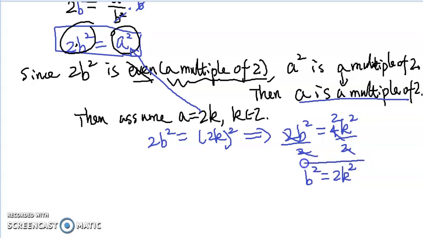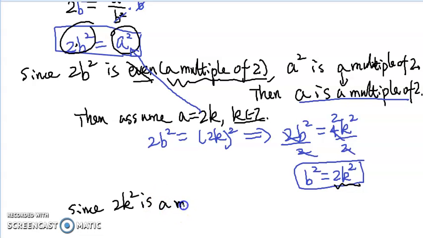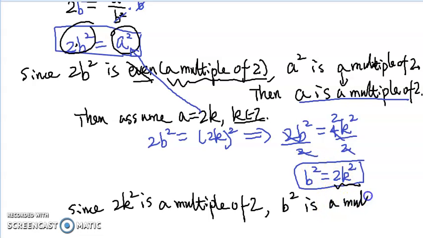Now let's focus on this expression. It's kind of similar to what we had before, so the argument will be similar. Looking at the right-hand side, it's 2 times an integer because k is an integer. If k is an integer, that means k squared is an integer. 2 times an integer makes it even, or a multiple of 2. So we can say a similar sentence: since 2k squared is even, or a multiple of 2, that makes b squared a multiple of 2. b squared is also a multiple of 2 because they're equal.